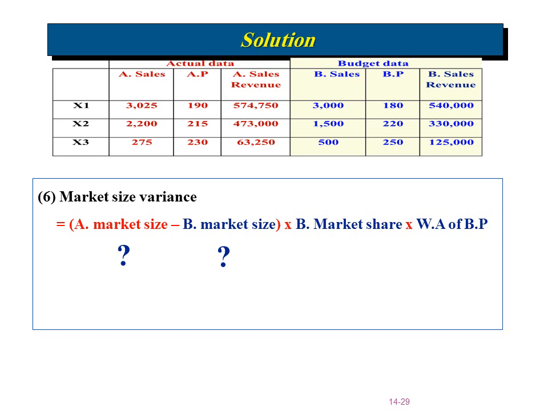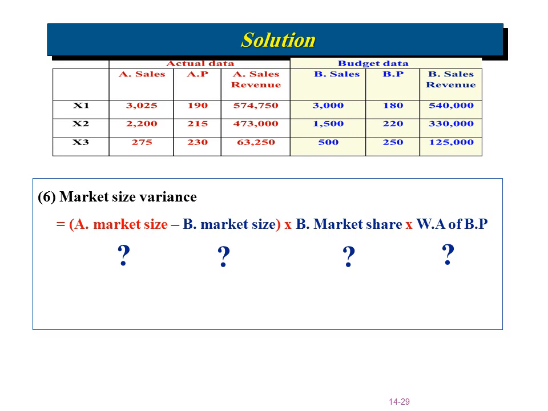The market size variance is actual market size minus budget market size, like any equation for any variance, times budgeted market share, times the weighted average of budgeted price. Again, weighted average for all products, not for only one.